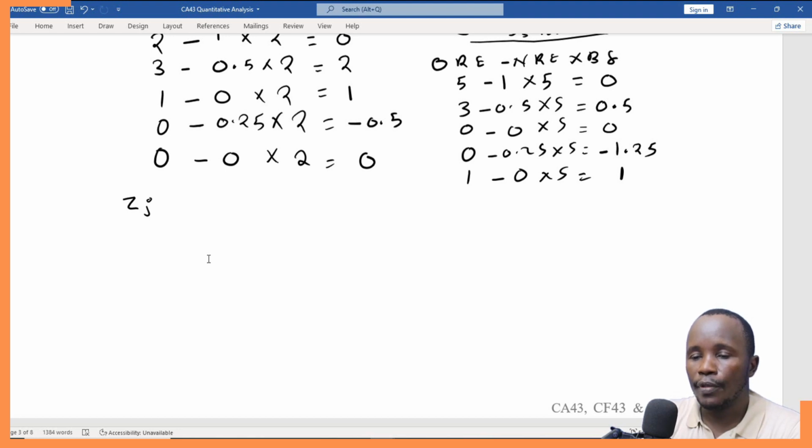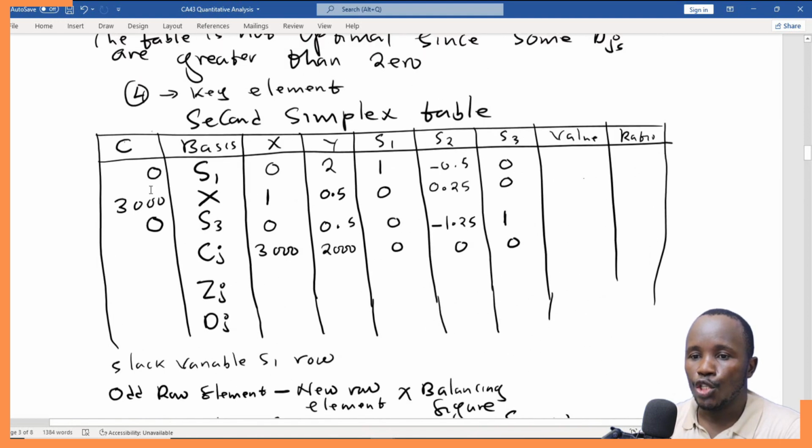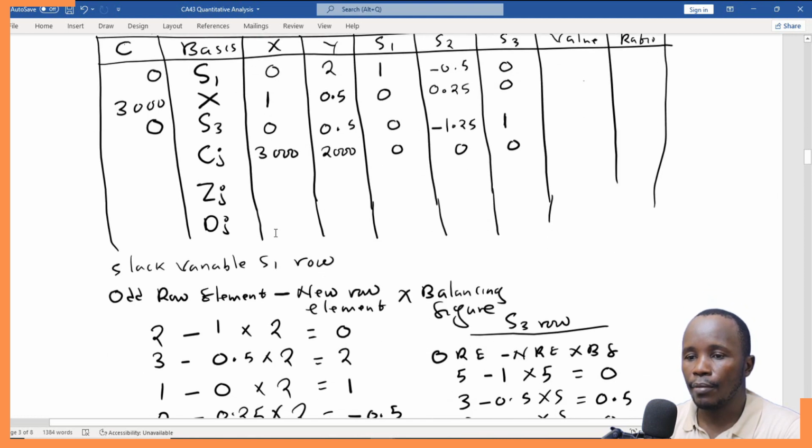This is what you do. The first value here, we are going to take 0 times 0, 3000 times 1, 3000 times 0. We add all of them. You find that Zj here is 3000.